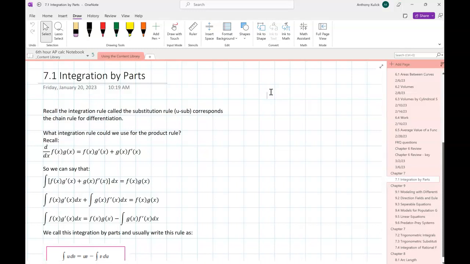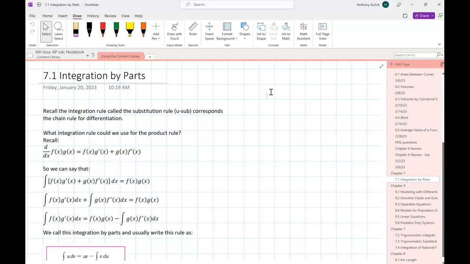All right. So 7-1, we're talking about a new integration technique called integration by parts. So remember, we introduced integration as just like anti-differentiation, right? And we saw that, hey, if we had a chain rule for the derivative, we need a special technique to anti-differentiate that.